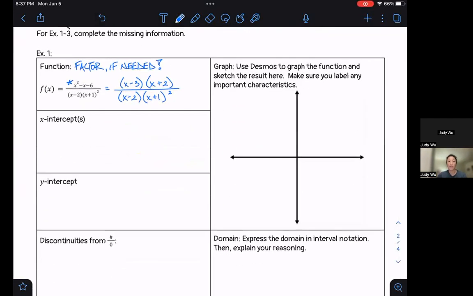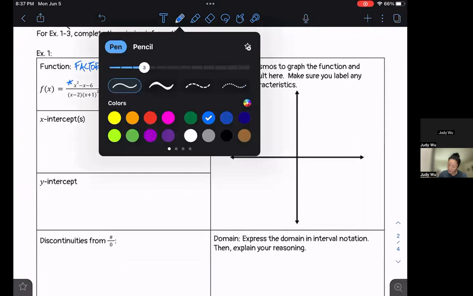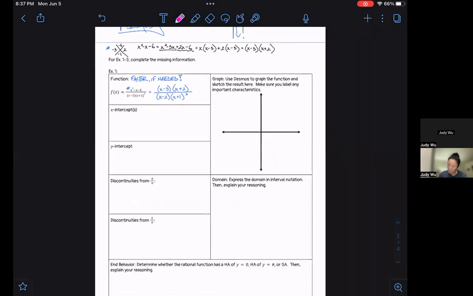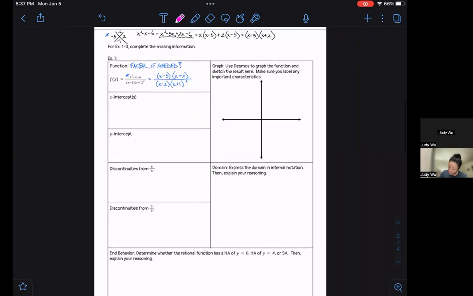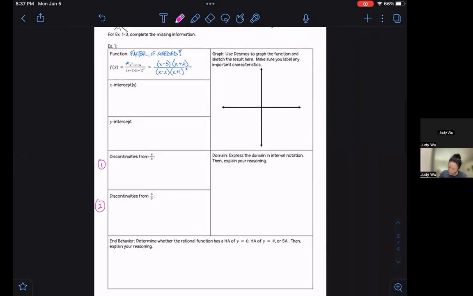All right, so we're going to factor. Now, after we've factored, we really have our choice in terms of where we want to start, okay? I know that when we were graphing parabolas, we sort of labeled where we wanted to start. I think what would be good here is to start with our discontinuities, all right? And then talk about our end behavior, just because those are the three new pieces of information, right?